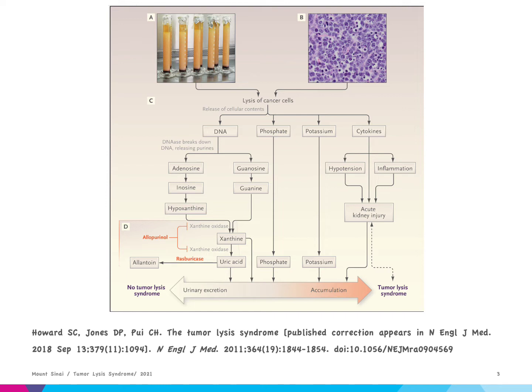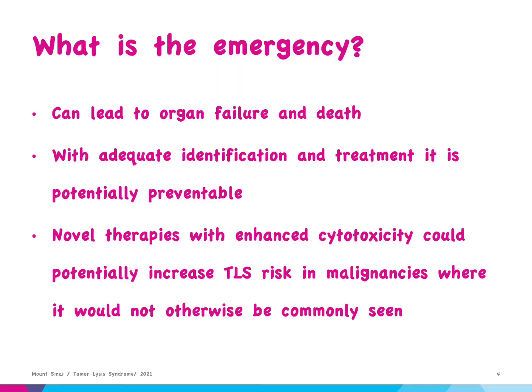And you also have the areas where allopurinol and rasburicase act. As you can see, urinary excretion helps prevent tumor lysis syndrome. Most of these intracellular components are excreted through the kidney, but when there's accumulation, that's when you have tumor lysis syndrome.